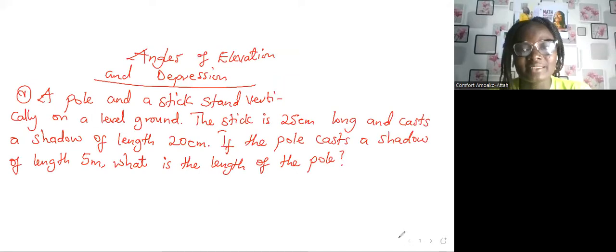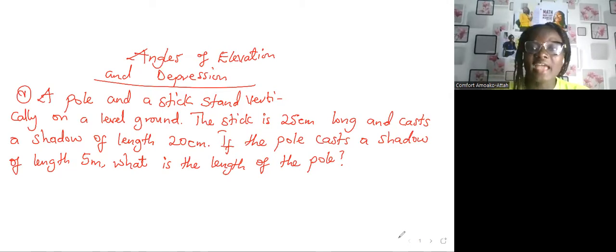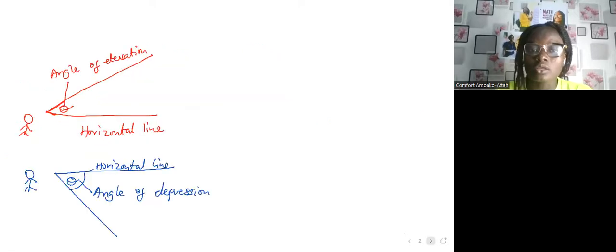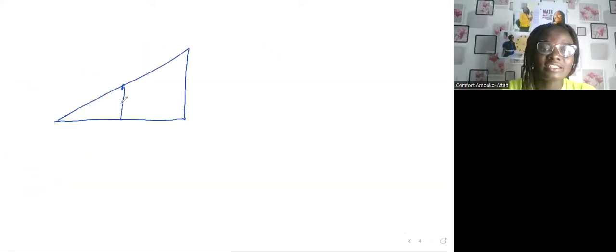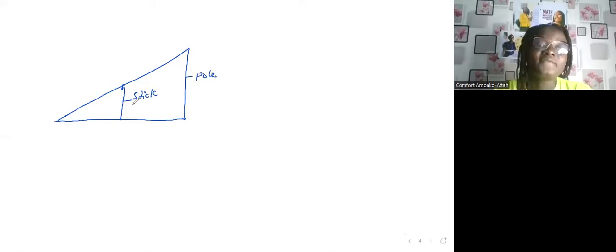Okay, now let's go back to our question and still continue with our diagram. A pole and a stick stand vertically, and they are all standing straight on a level ground. The stick is 25 centimeters long. So let's go back. This is the stick. It means the measurement over here should be 25 centimeters, this side.